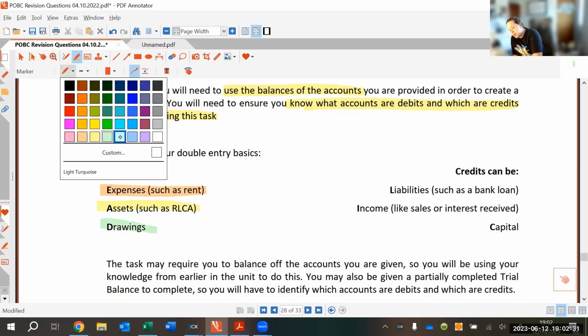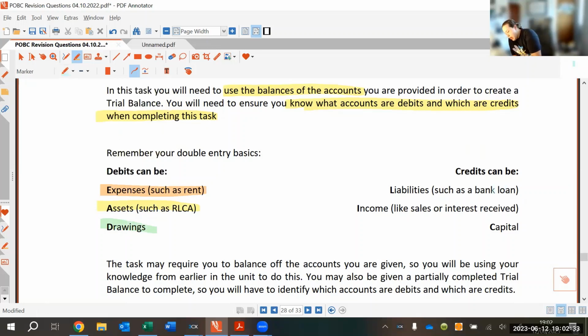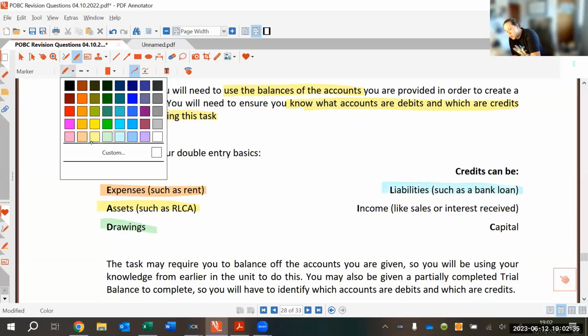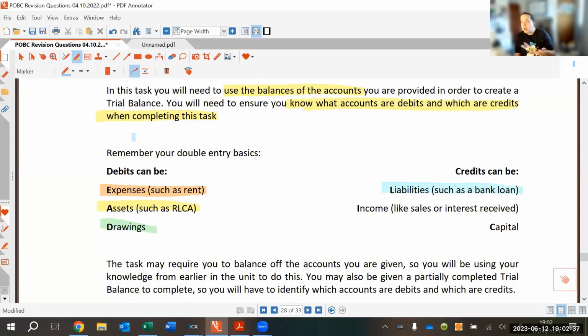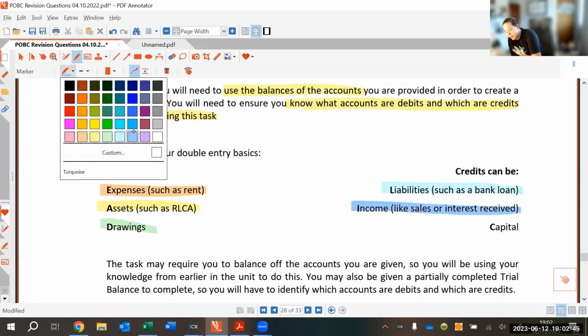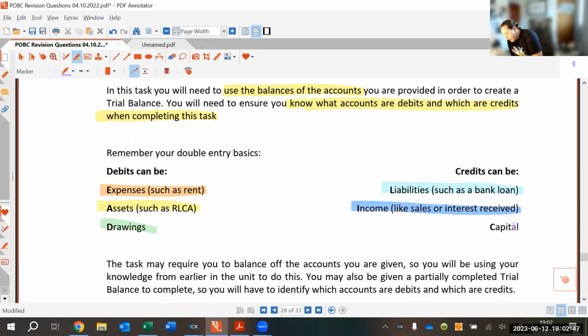On the flip side, any liabilities, so things like loans or the payables control account, and any income accounts, like our sales account or interest received, and our capital account, should all have a credit balance.